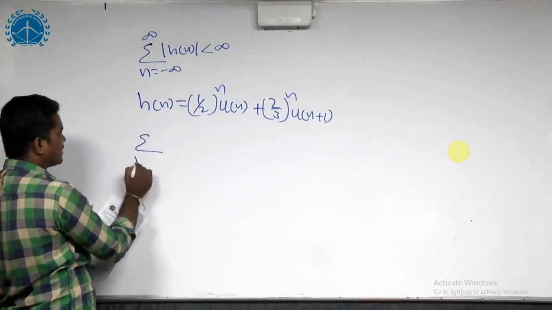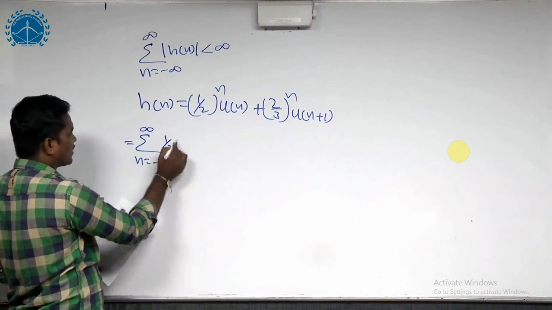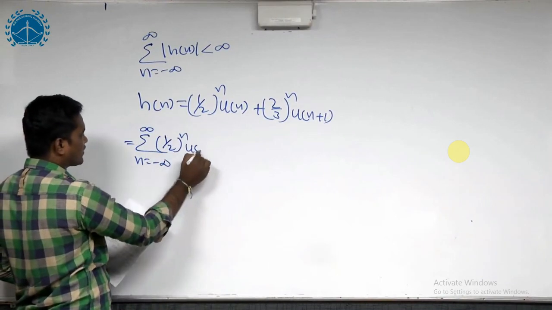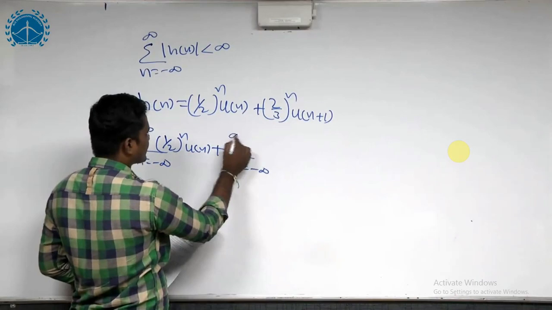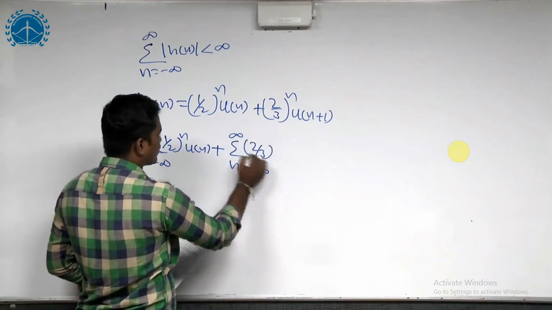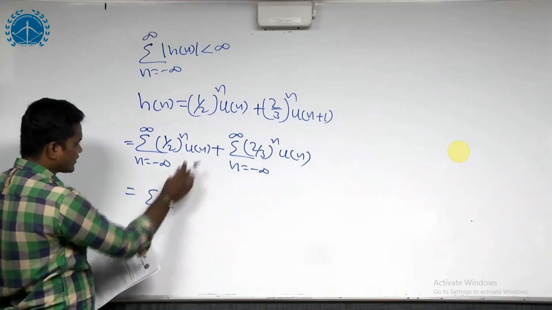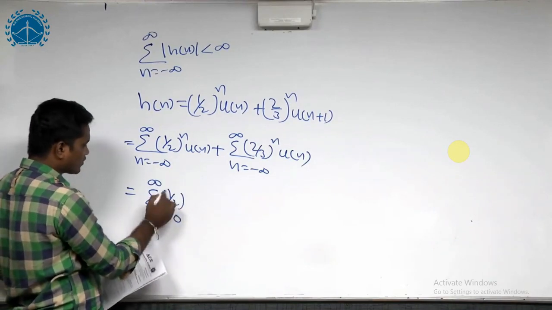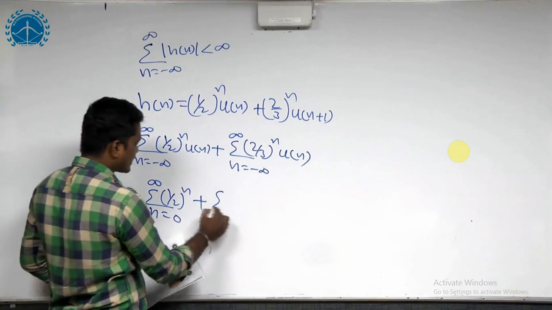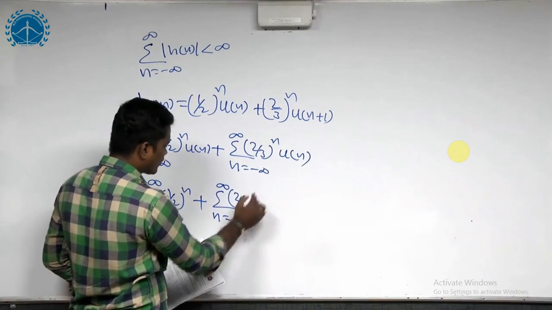So sigma n equals minus infinity to plus infinity of (1/2)^n u of n plus sigma n equals minus infinity to plus infinity of (2/3)^n u of n. It is multiplied with u of n, so this equals the sum from 0 to infinity of (1/2)^n plus the sum from 0 to infinity of (2/3)^n.